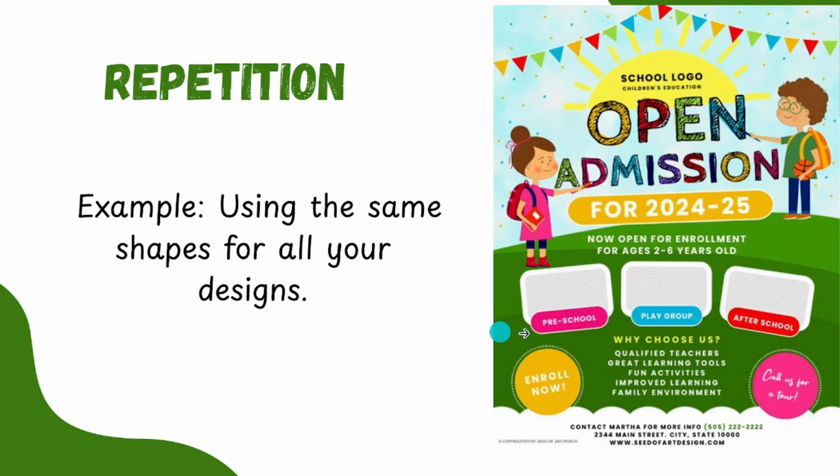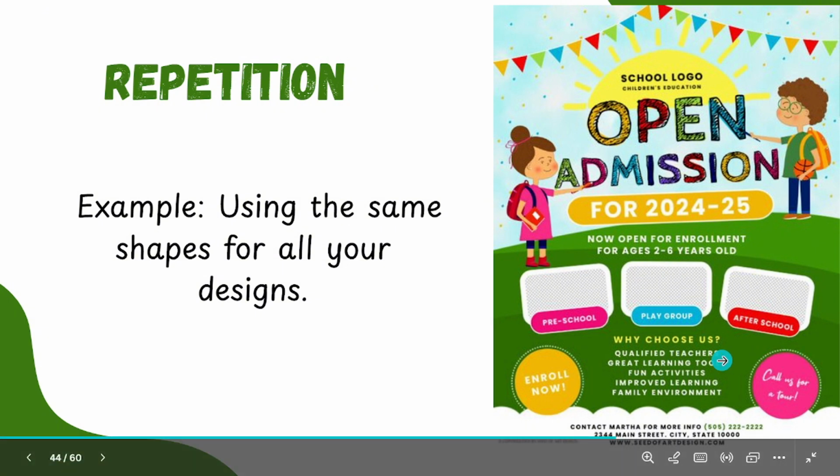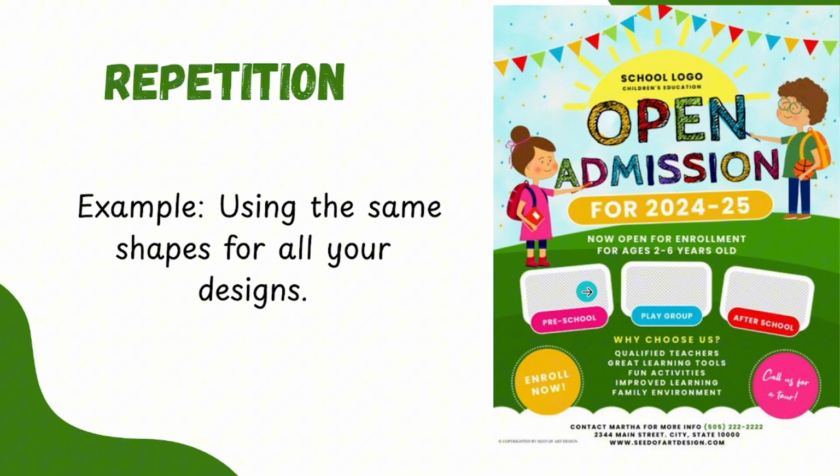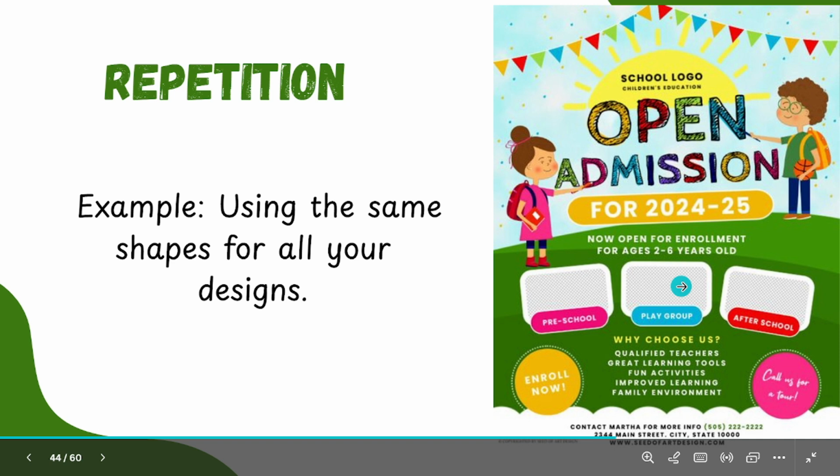But what I'm trying to show you guys here is the shape. You see the repetition of shape that I'm talking about. If you look here, they used 3 of the same shapes, the same thing here, and they repeated the circle right here. Do you understand? So they repeated the shapes. They did not come here and put a rectangle, and then carry this circle and put it here, and then carry another rectangle and put it here.